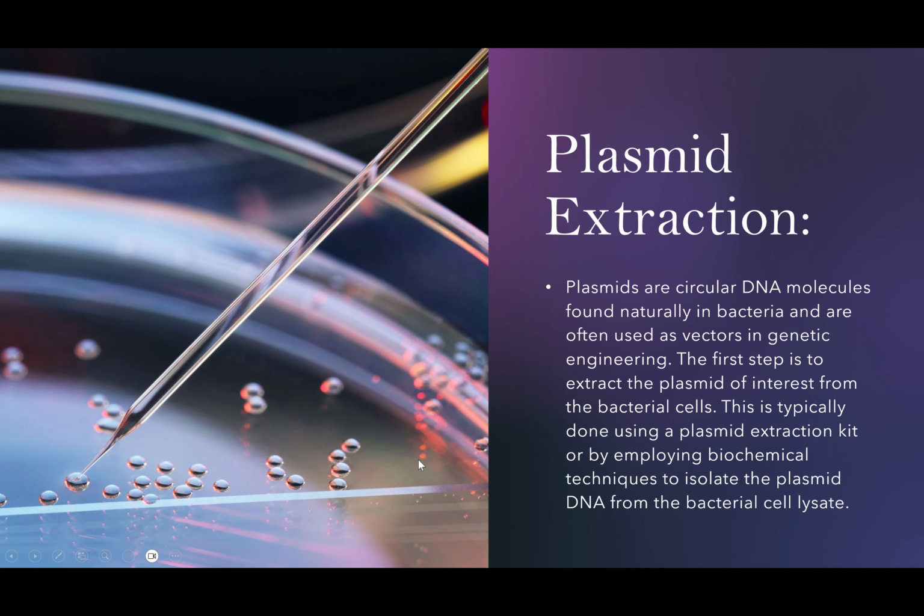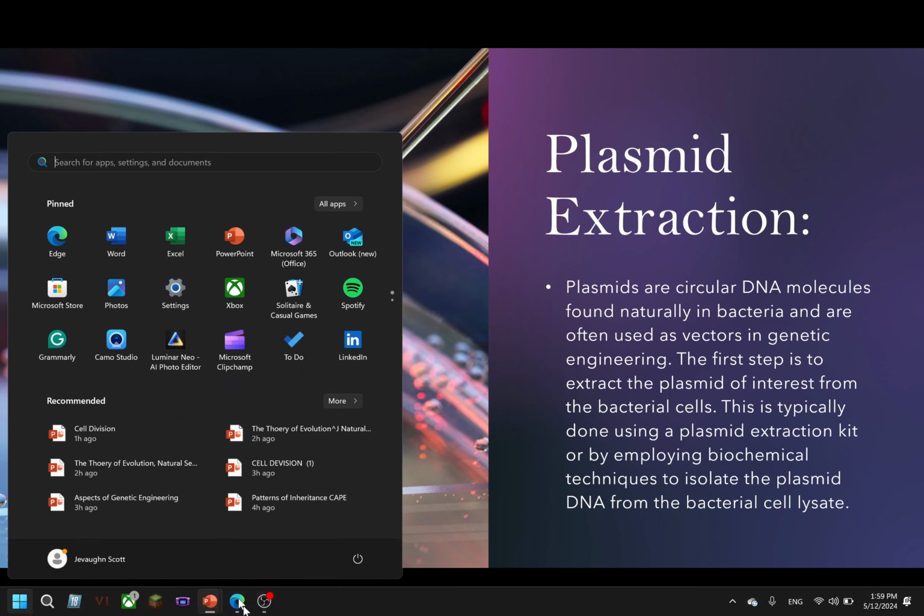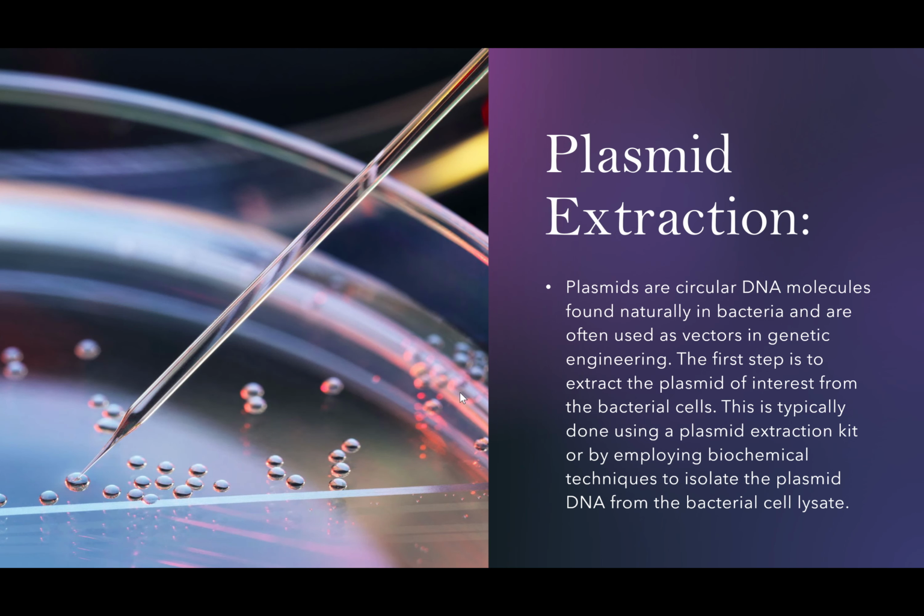This is something that I would have done, and if you go into first year biochemistry, in your molecular biology labs, you're going to be extracting a lot of plasmids.